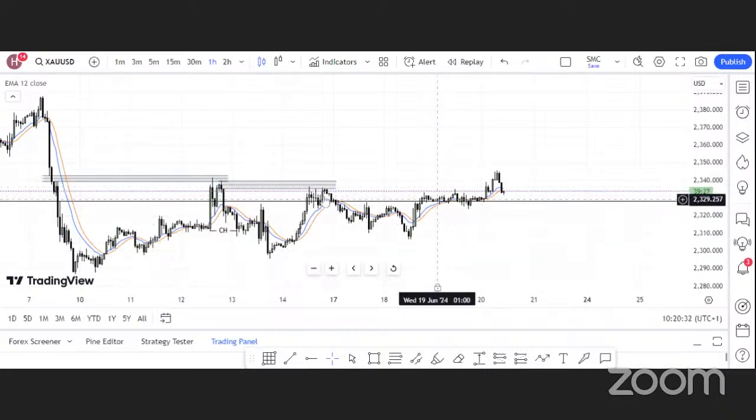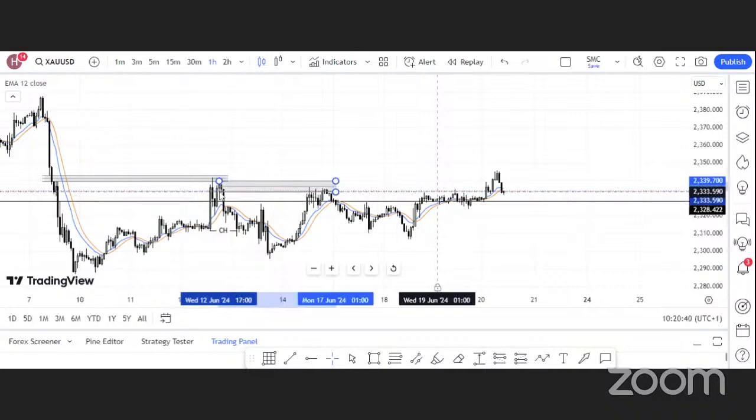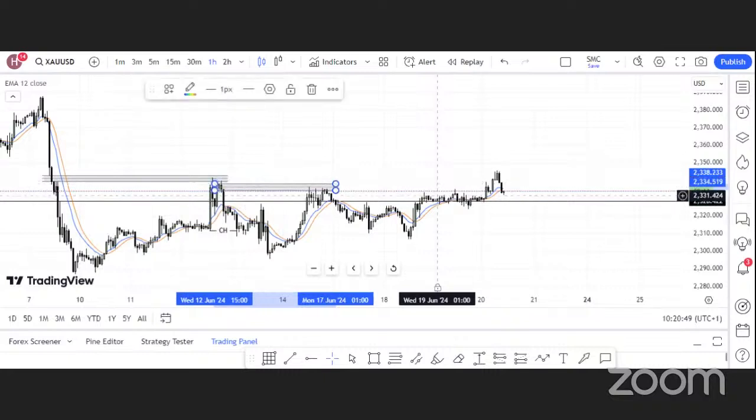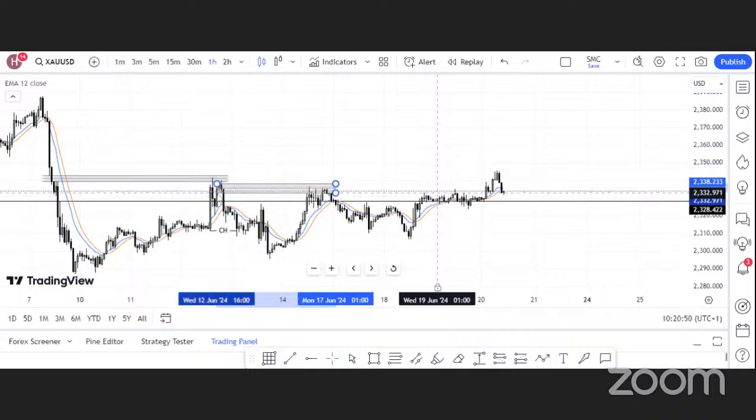But instead, the market didn't go down. The market went up again, retested this level of order block where we have the order block, and then went further down.